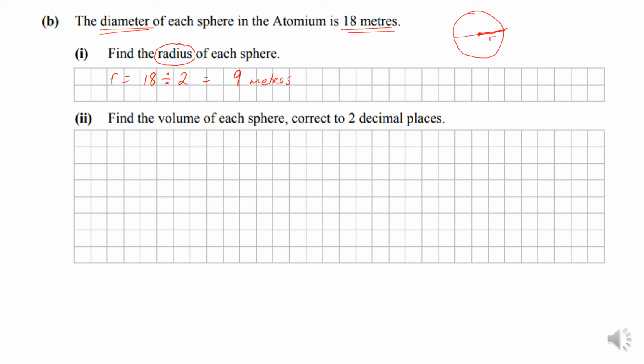And following from that, part 2, find the volume of each sphere correct to 2 decimal places. So at this stage you're going to need a formula. Anything that's circular or spherical in shape, you need to go to your formula book. So let's find the formula for the volume of a sphere.